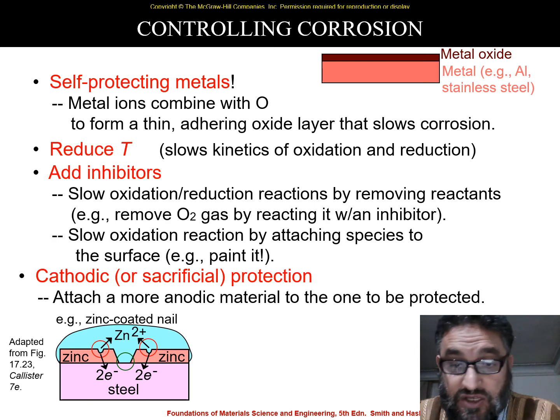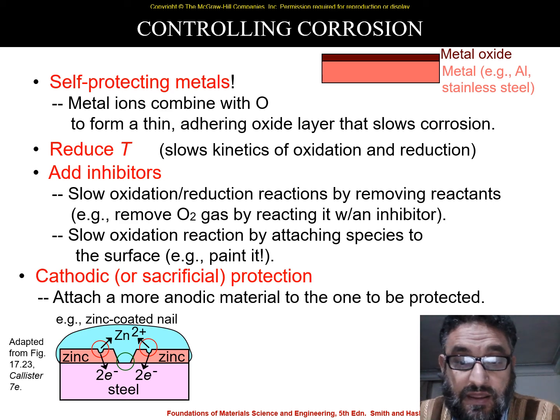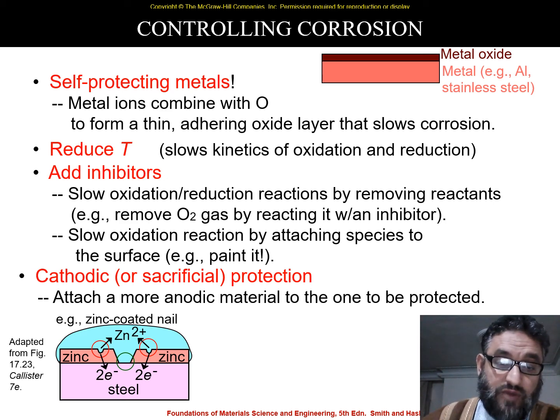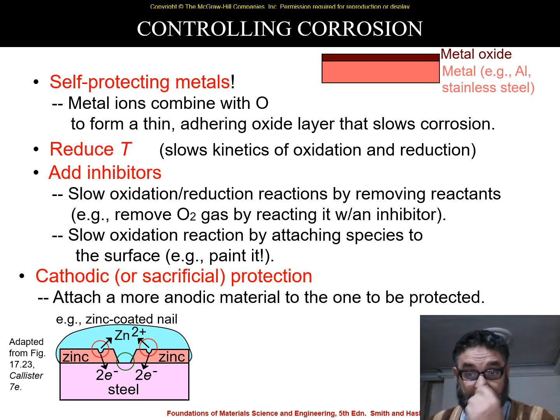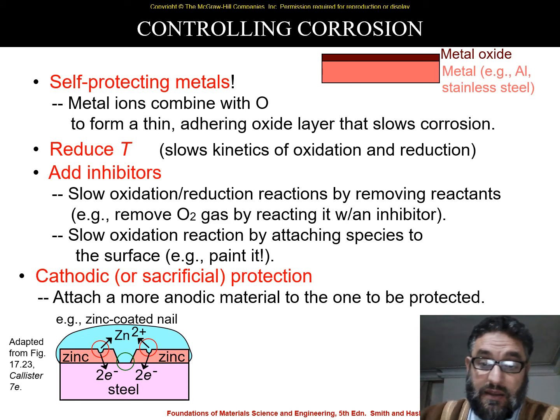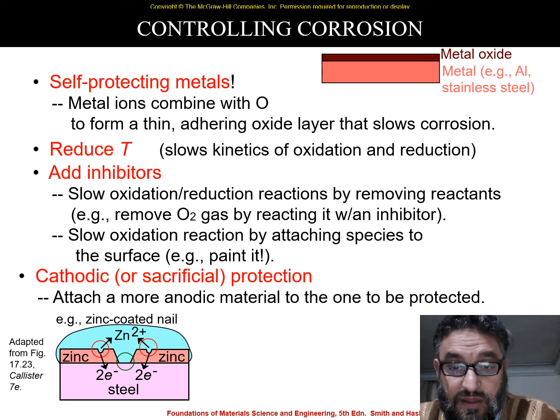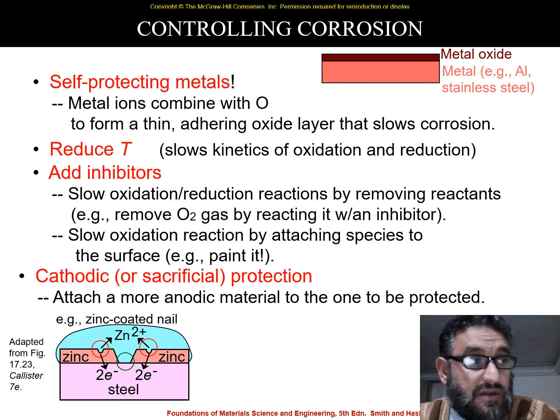For the cathodic protection, we connect our metal that we want to protect, like stainless steel here. We make an electrical connection between our metal and a sacrificial metal. This sacrificial metal must be at the bottom of the oxidation potential ranking table.